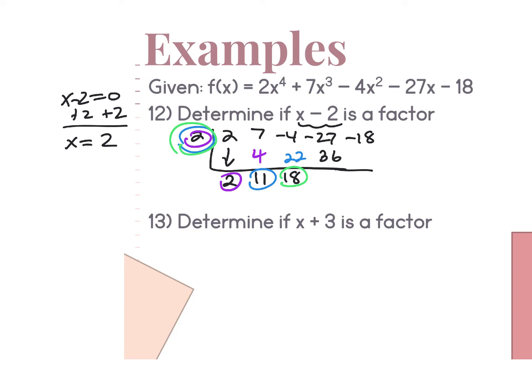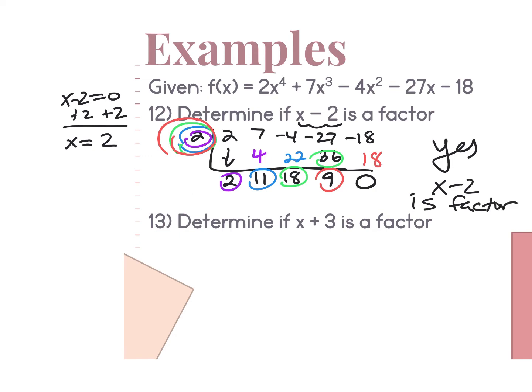I'm going to add the column. I get 9. Then I'm going to multiply one more time. 2 times 9 is 18. Wow, I got a remainder of 0. So yes, x minus 2 is a factor. If I did not get a remainder of 0 right here, then the answer would have been no.